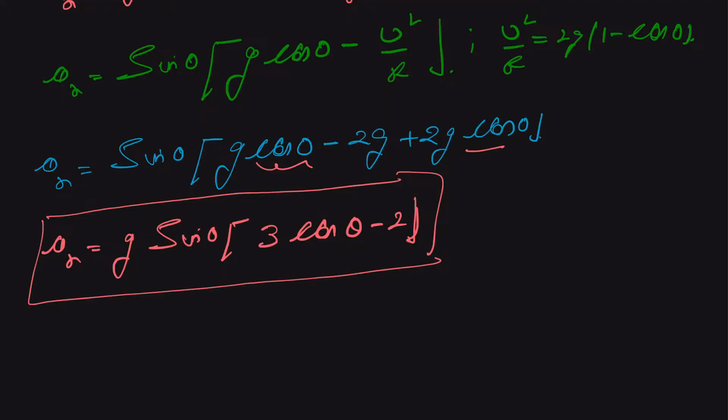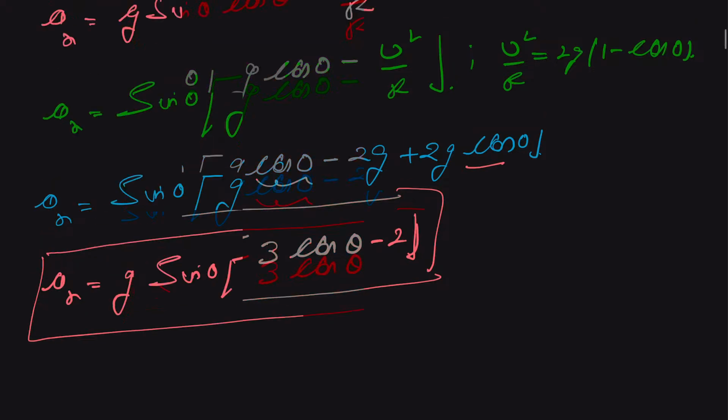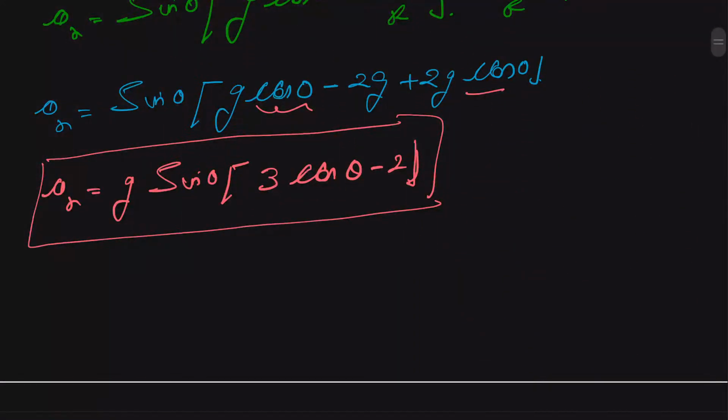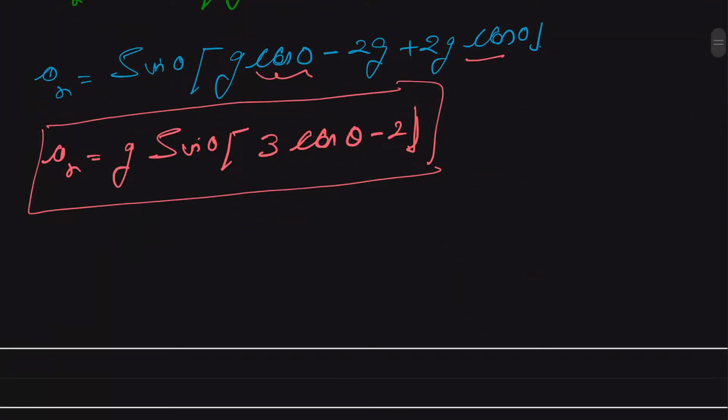We can continue here only, because like I said, the acceleration will be purely vertical if its horizontal component is equal to 0. So we are going to put a of x equal to 0.